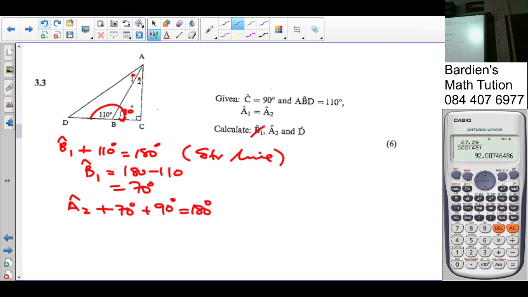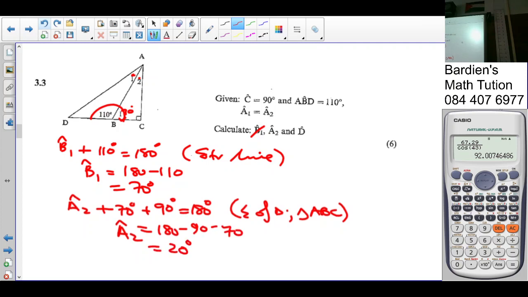Why? Sum of angles of a triangle, and it's triangle ABC. So A2 is equal to 180 minus 90 minus 70, which is 20 degrees. Not so?